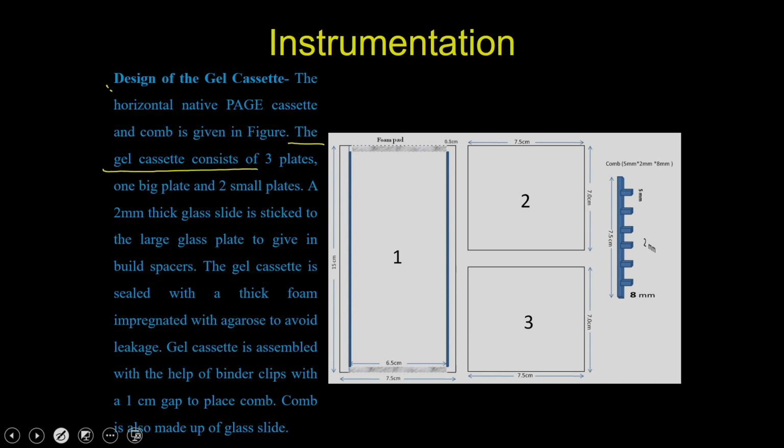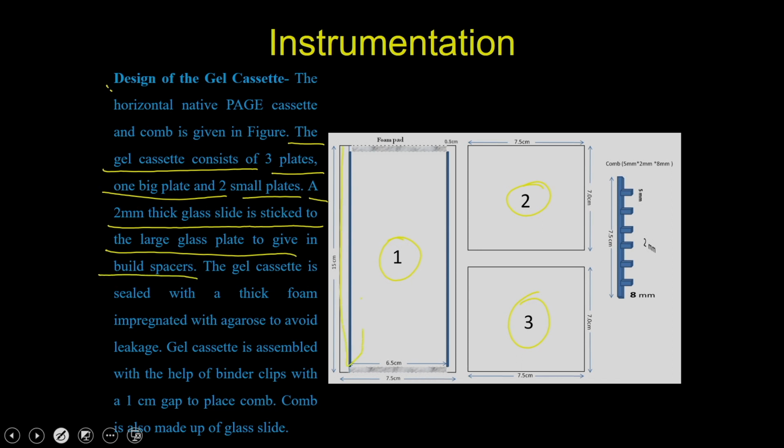The gel cassette consists of 3 plates: one big plate, which is plate number 1, and 2 small plates, which are number 2 and 3. A 2 mm thick glass slide is stuck to the large plate to give the inbuilt spacer, which means you put the 2 mm thick glass slide onto the side, and that gives you the spacer.